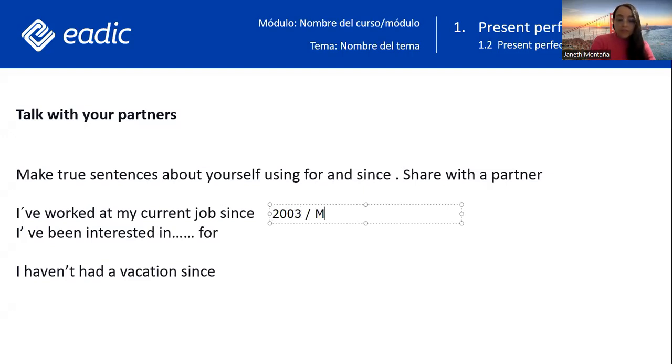Other possibilities: since May, since August, since this morning. When we use since, it is because we are talking about something more specific.